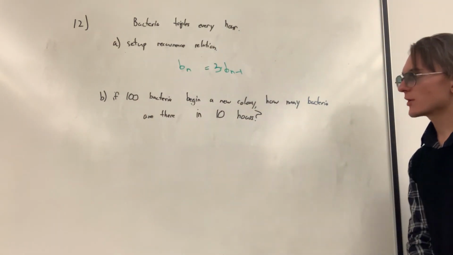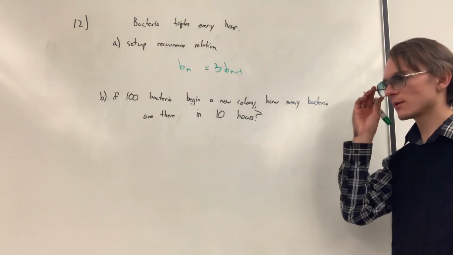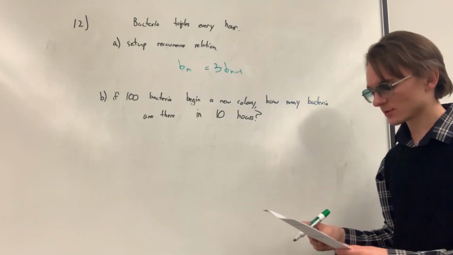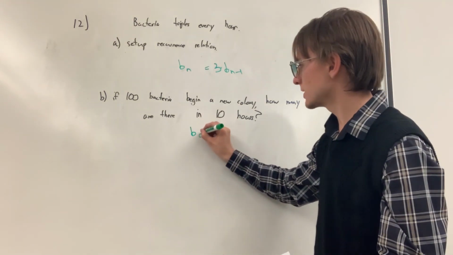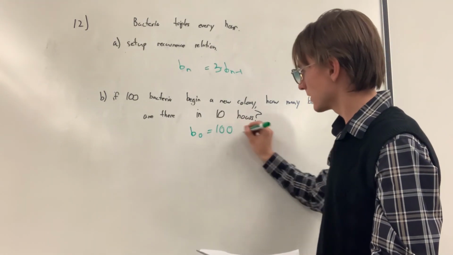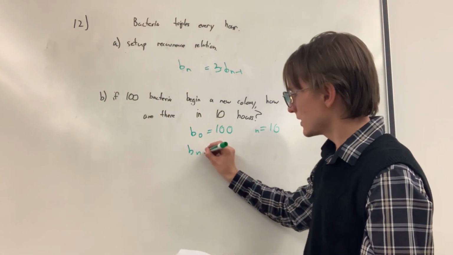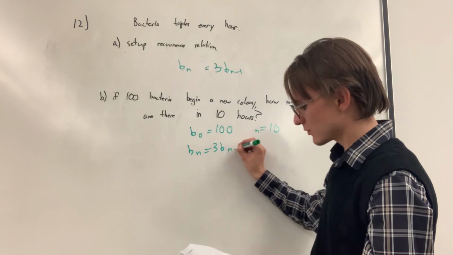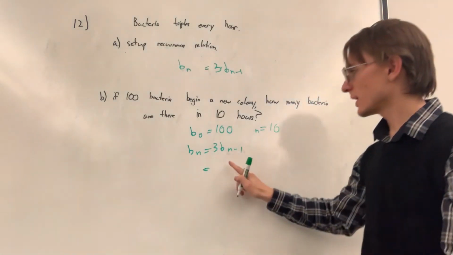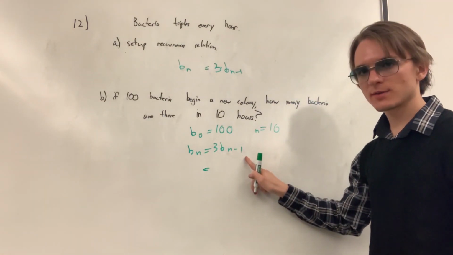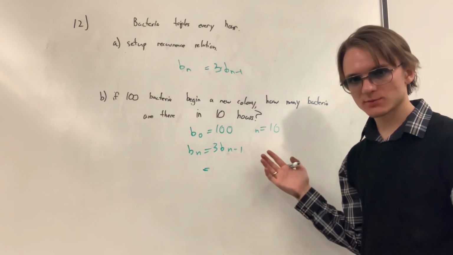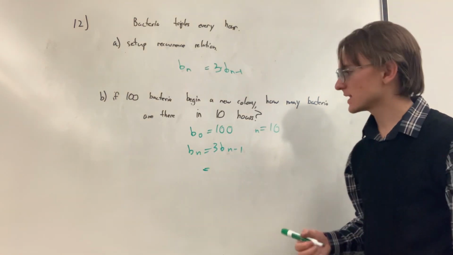Part B, if 100 bacteria begin in a colony, how many bacteria are there in 10 hours? Well, our initial condition is 100, and we have that n is equal to 10. We know B of n is equal to 3 times B of n minus 1. We replace B of n minus 1 with whatever B of n minus 1 might be. We expand it in a sense.